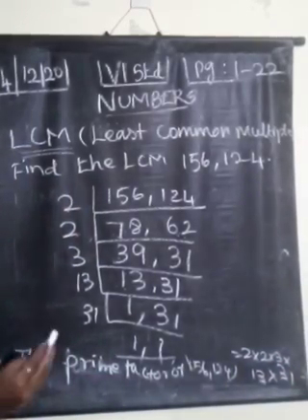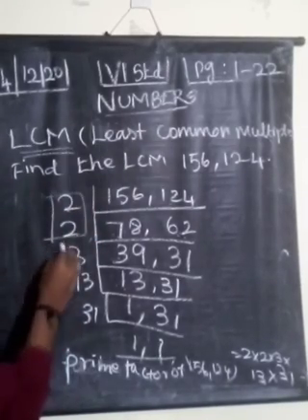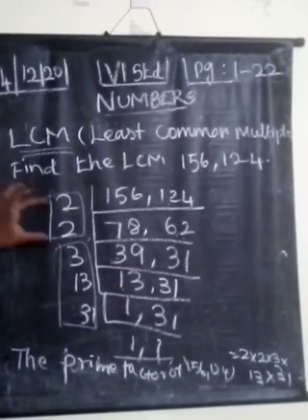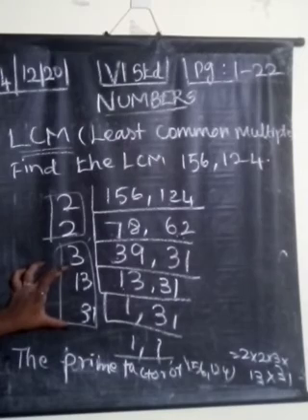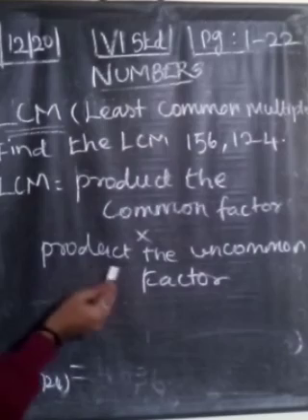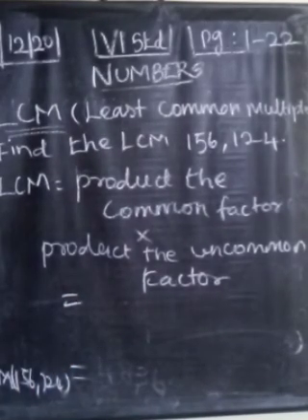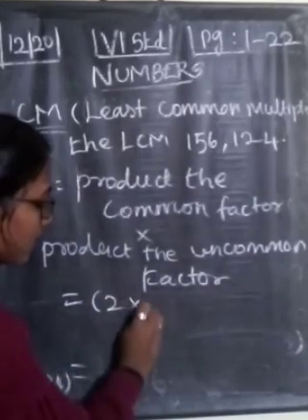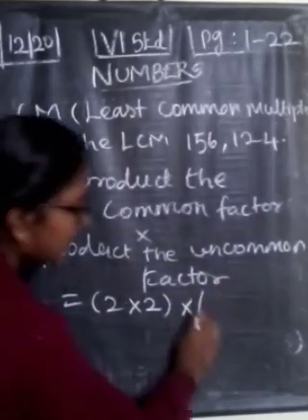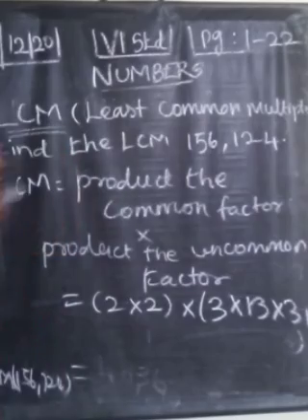Here the common factors are 2, 2. The uncommon factors are 3 into 13 into 31. Now take the product of the common factors and the product of the uncommon factors and we get the LCM. LCM equal to the product of the common factors multiplied by the product of the uncommon factors. So the common factors are 2 multiplied by 2, and the uncommon factors are 3 into 13 into 31.